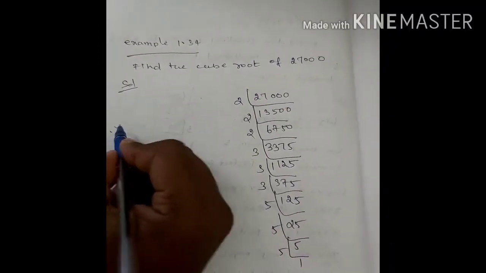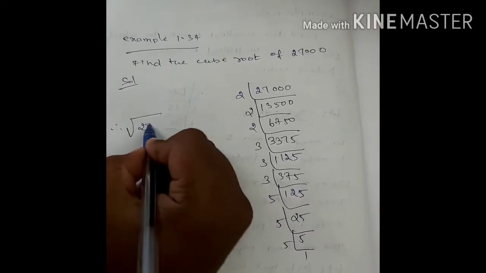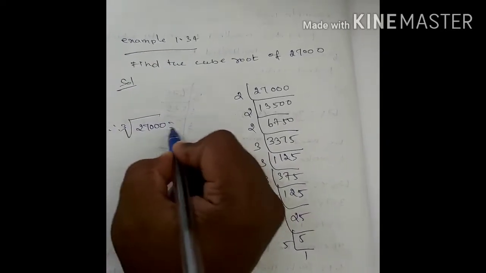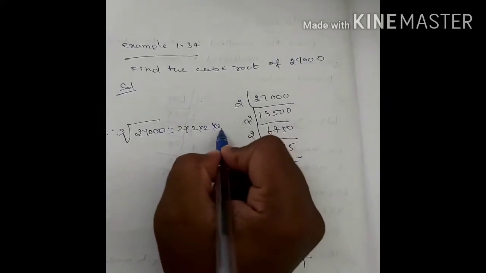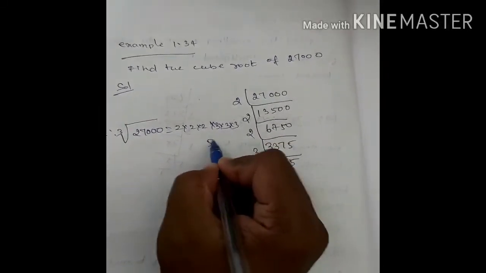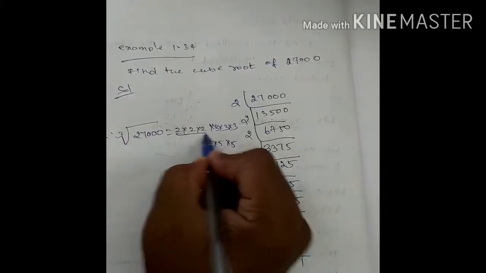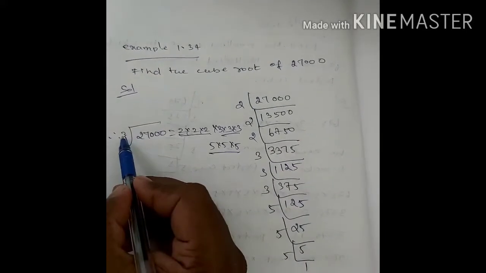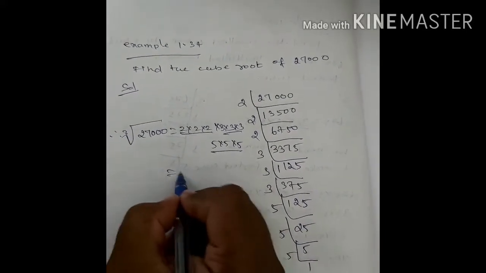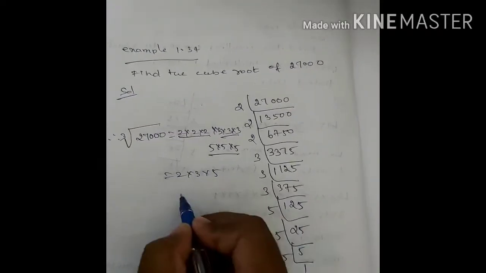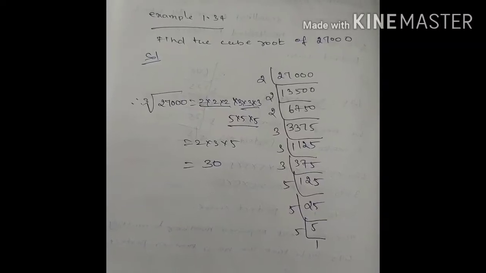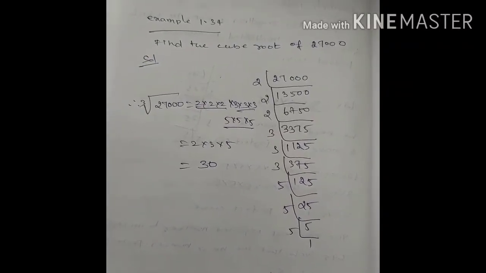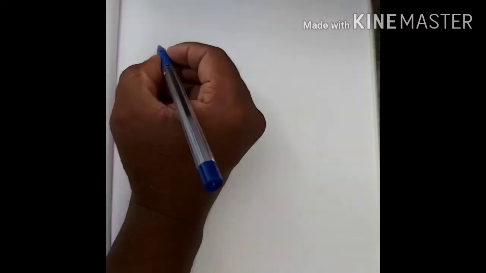So the cube root of 27,000 equals 2 multiply 2 multiply 2, 3 multiply 3 multiply 3, and 5 multiply 5 multiply 5. Here each is one triplet, so 2 one triplet, 3 one triplet, 5 one triplet. So 2 multiply 3 multiply 5 equals 30.